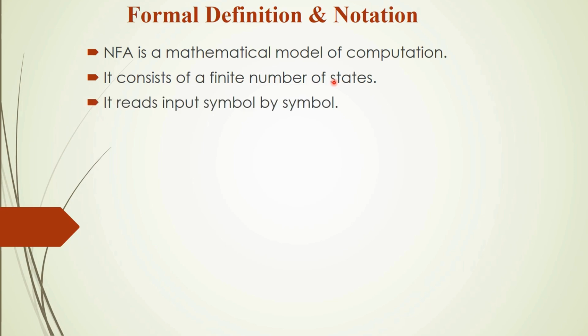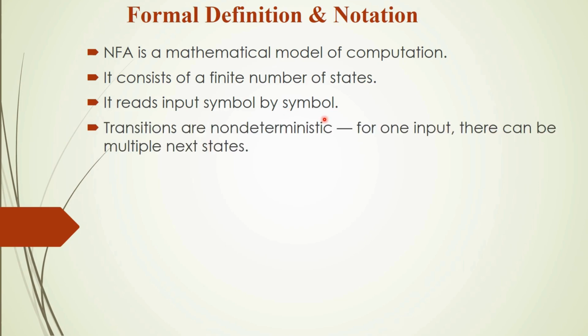Next, an NFA reads the input symbols one by one, one symbol at a time, moving from state to state depending on transition rules, exactly like in DFA. The transition for non-deterministic automata differs, though.